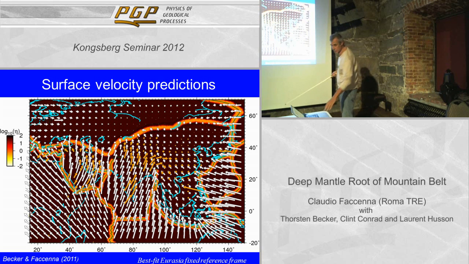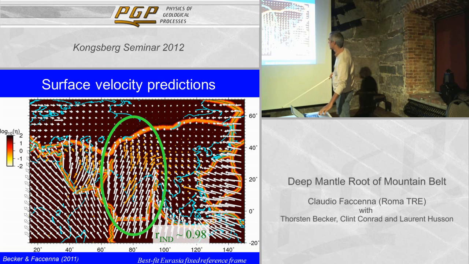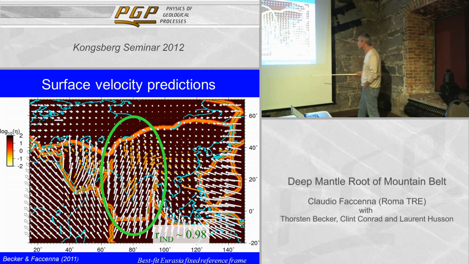So we are pretty much satisfied by the result, especially when you look at India. India is moving in the right direction, and is doing a very good job here, basically, but it is not matching at all this return flow to Java and Sumatra, which is completely unmatched by our model.